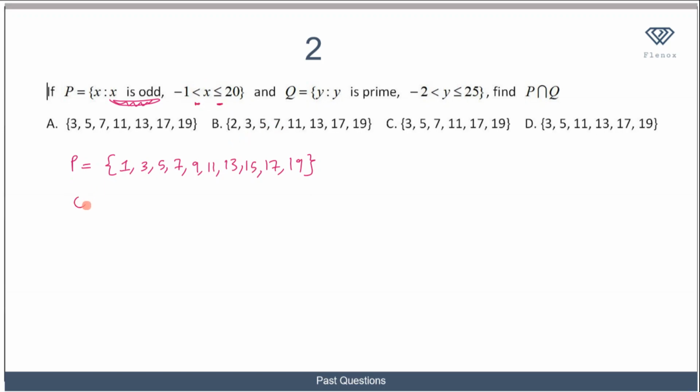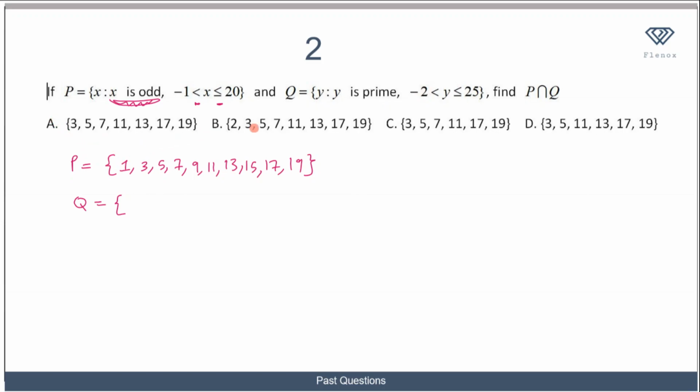And we are told that Q is Y such that Y is a prime number between -2 less than Y less than or equal to 25. So we are looking for the prime numbers that are greater than -2 but less than or equal to 25. So what are prime numbers? You know that prime numbers are numbers that can only be divided by 1 and itself.